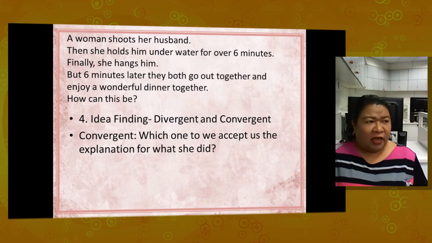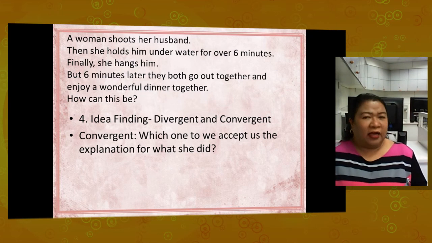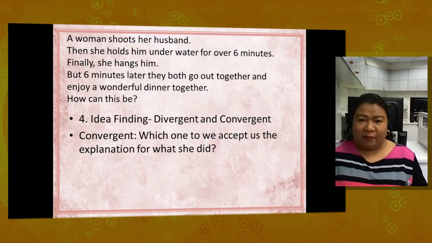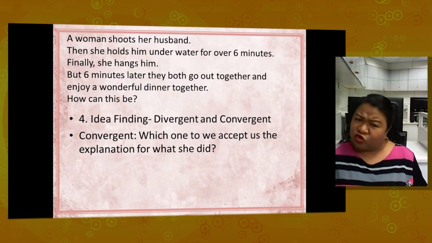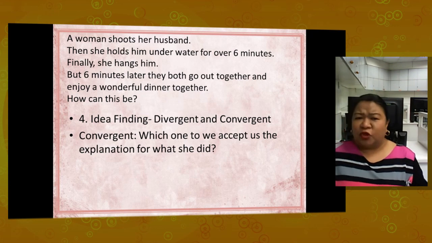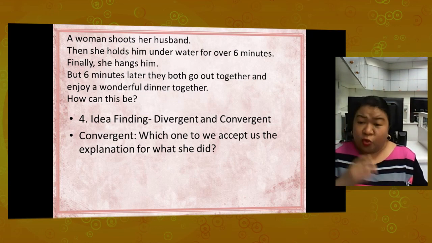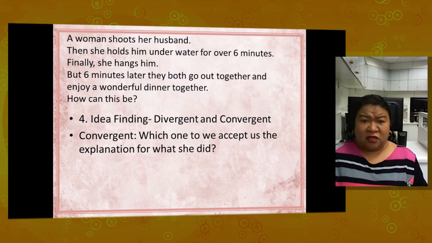Or maybe he can hold his breath for 6 minutes, that's why it did not work even if she placed him underwater for 6 minutes. Or maybe it means something different when you say shoot. And then after all the ideas that you would have, you will now try to find one that will create the solution to that mystery. How can they go out after the things that she did? How come he is still alive?